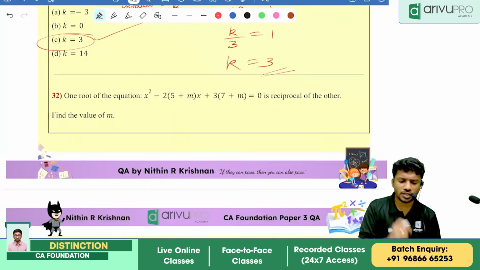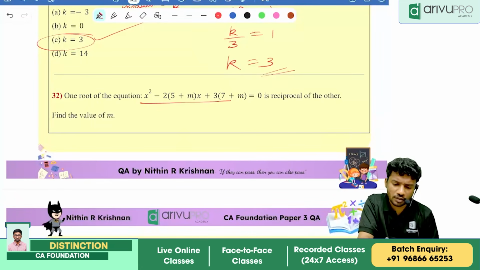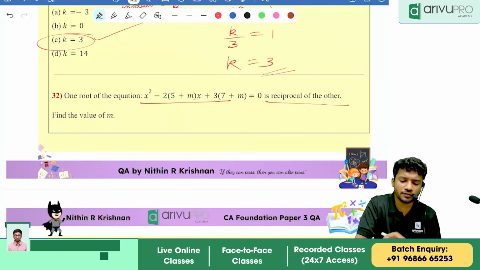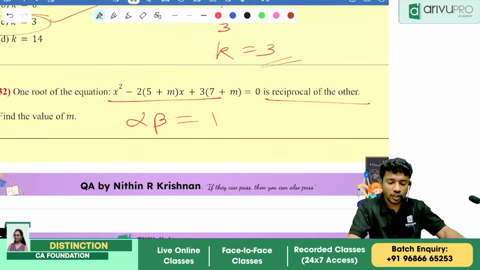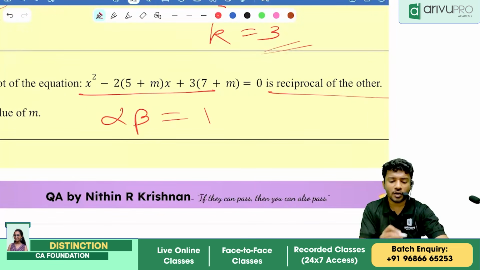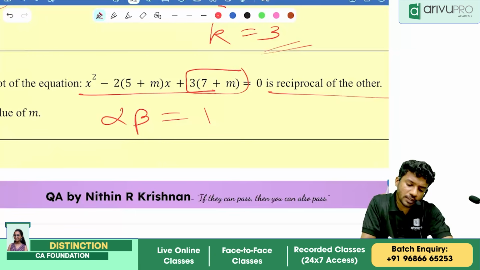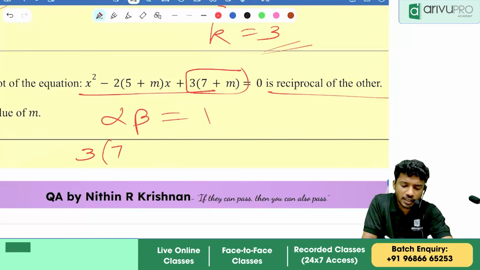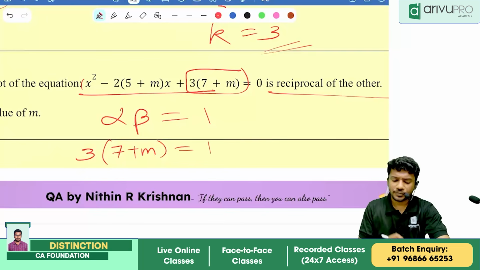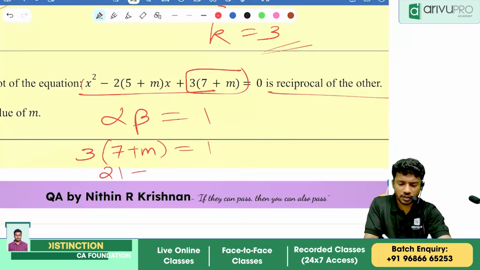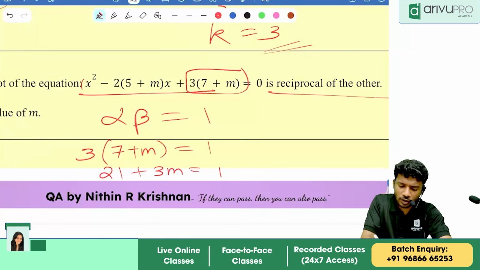Look at the next question. One root of the equation is the reciprocal of the other. Reciprocal means alpha beta is equal to 1. What is alpha beta over here? Product of the roots is 3 into 7 plus m divided by 1, which is equal to 1. Now open the bracket. 21 plus 3m is equal to 1.